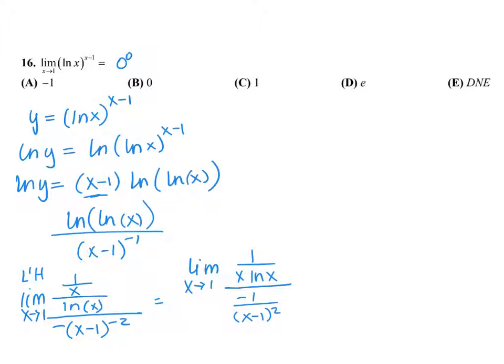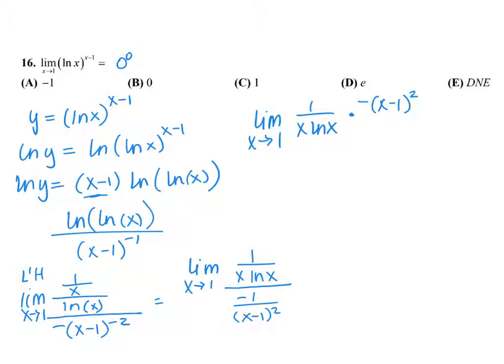Okay, so as we continue, we have the limit as x approaches 1 of 1 over x natural log x, times this reciprocal, which is going to be negative x minus 1, all squared.